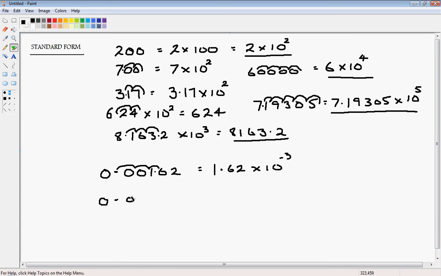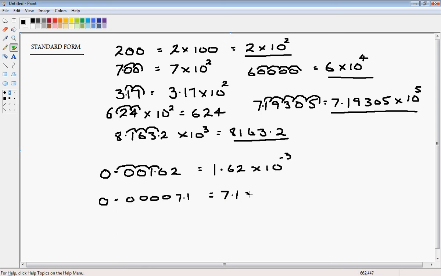Okay, so if I show you again, so we have 0.00071. Now these are all zeros. The first number that I come to is my most powerful, which is the 7. So I know that I can only have 1 digit, so it will be 7.1.